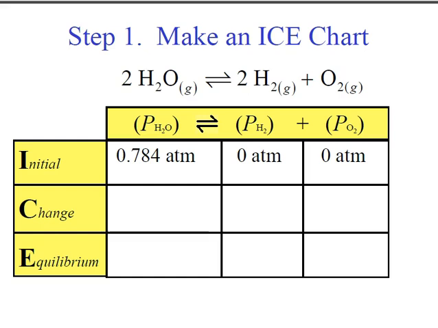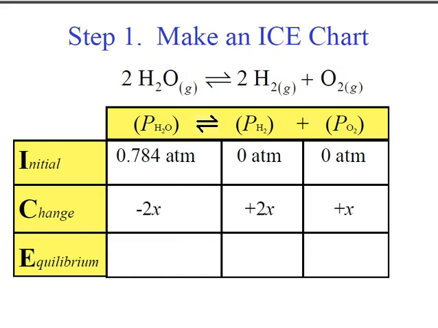Now in this problem, the only thing they gave me was the initial value for the water, but they did tell me that that was all that was in the container. So I know that the other two were initially 0. There was none there. So notice that I put those values on the I line under their respective compounds.